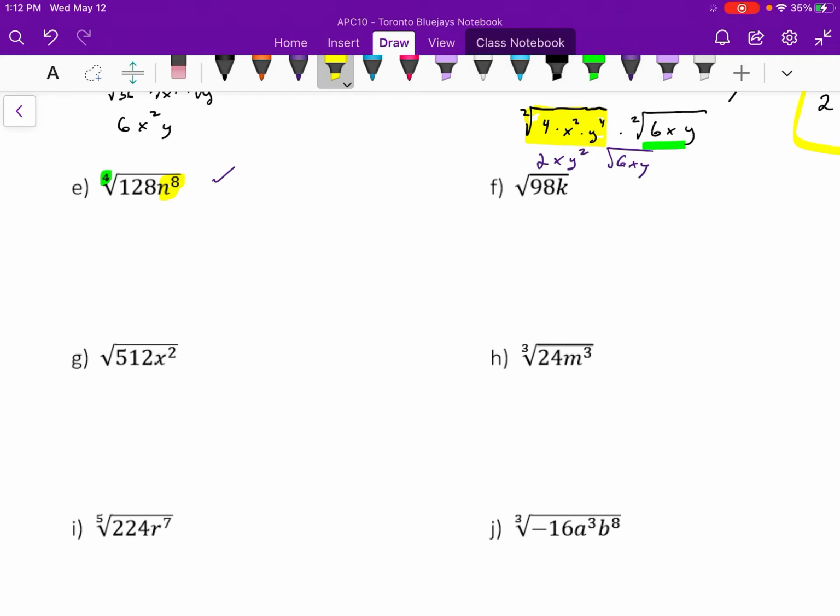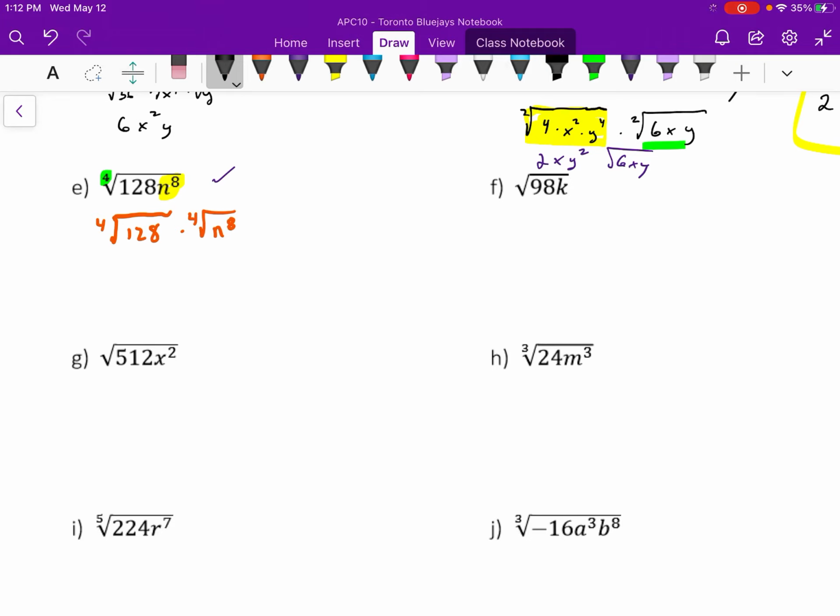And just lucky for me, n to the power of 8, you can take the 4th root of it. So I'm going to do this for ease of my mind. That was kind of sloppy on my hand, but I already know that I can take the 4th root of n to the power of 8.